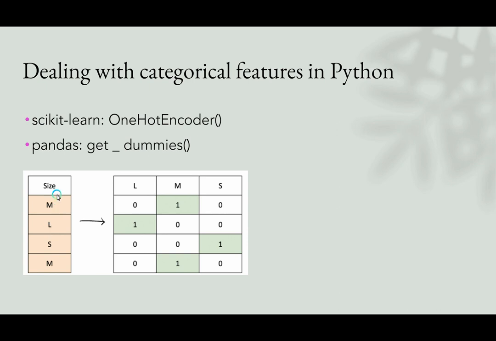If we encode this column to be numeric, we get this: column L with a 1, column medium with a 1, 1, and column small with a 1. Each row is filled with a 1 corresponding to where the item appears. For example, L appears in row 2, so we have a 1 in row 2 where we have L. But for M and S in row 2, we have zeros because they are not appearing in row 2. So this is how encoding works, okay?